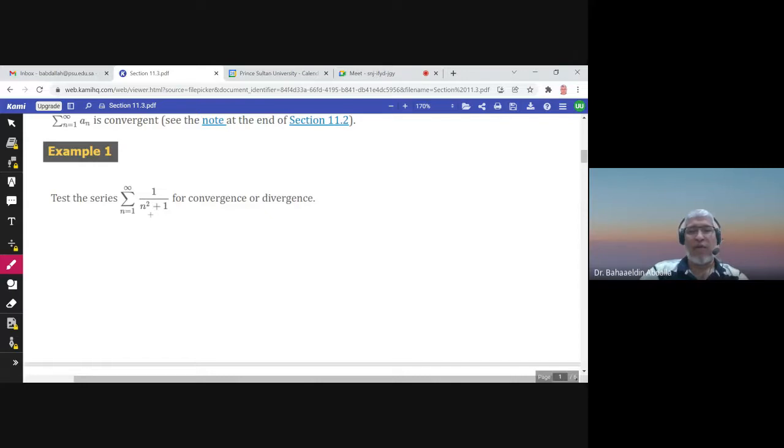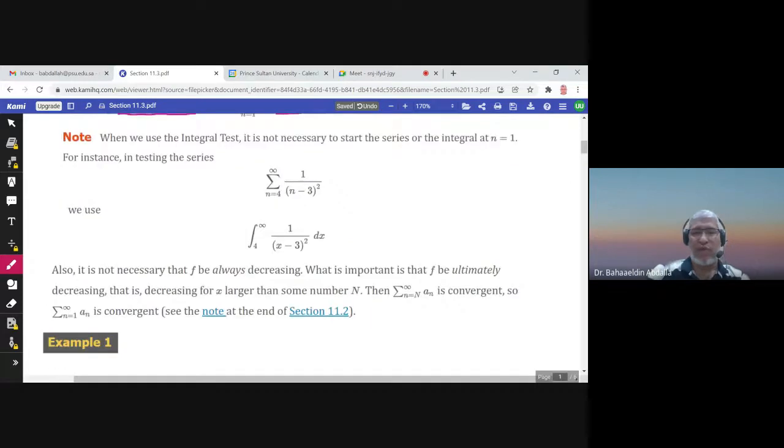And we prove that it is decreasing. And then if these three conditions are satisfied, we find the improper integral of the function f of x equals 1 over x squared plus 1. If the improper integral from 1 to infinity is convergent, then the series would be convergent. If not, the series would be divergent.